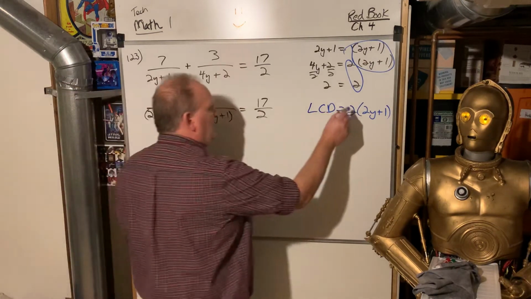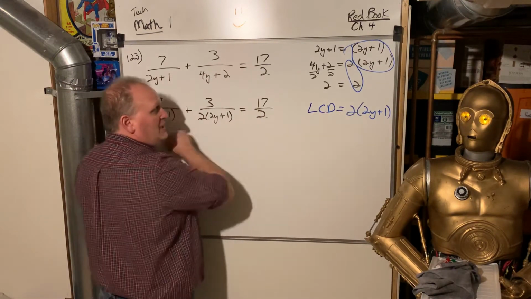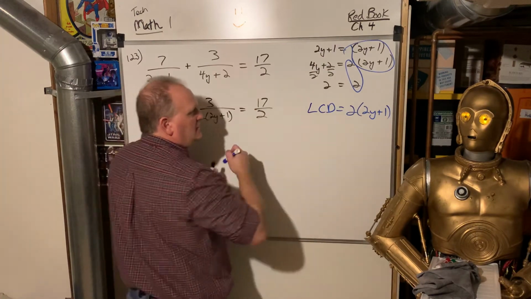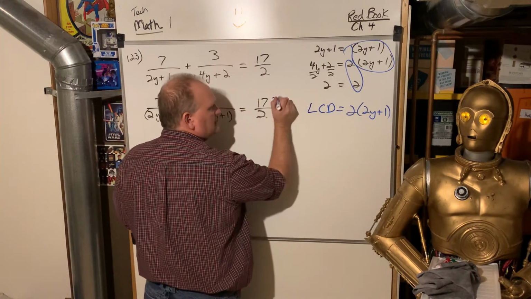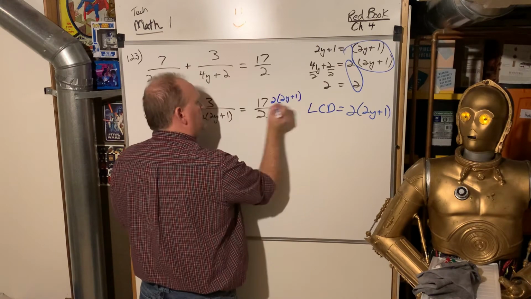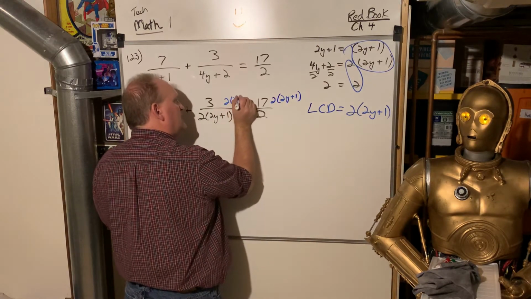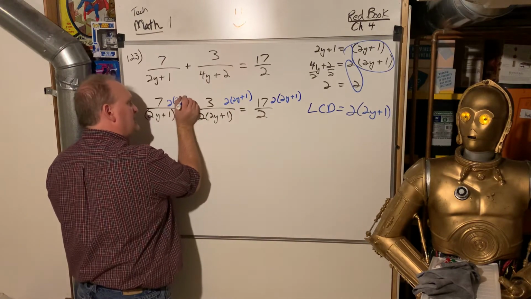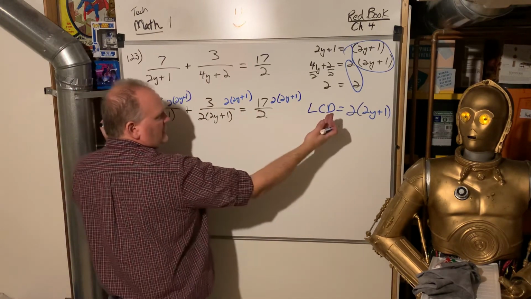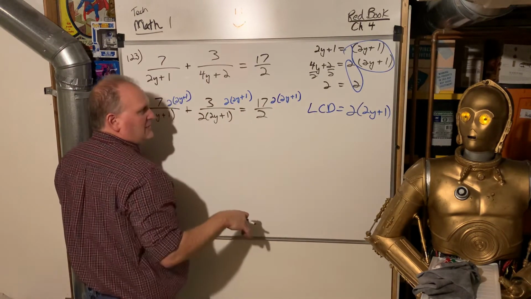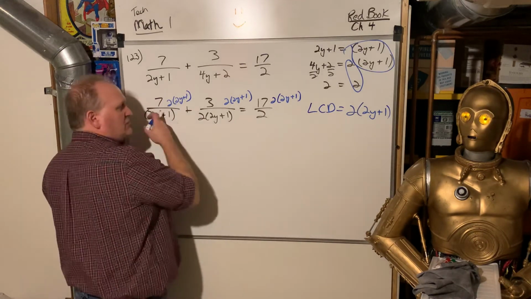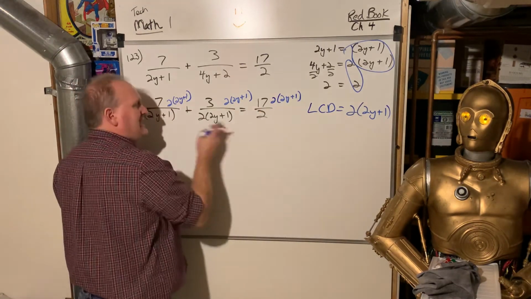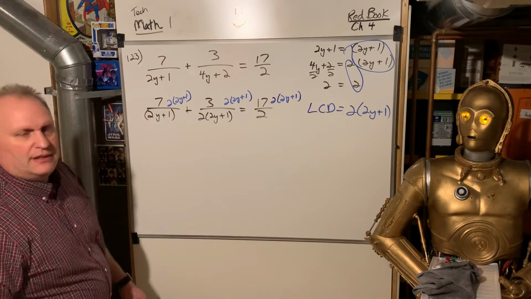Now, whatever you find to be the LCD with an equation, you can kill all the fractions by multiplying by the LCD. So 2 times 2y plus 1, 2 times 2y plus 1, 2 times 2y plus 1. Essentially what I did was I multiplied both sides of the equation by this, 2 times 2y plus 1. And I distributed it to each term. It's easier just to tack it on the top of each term, okay?